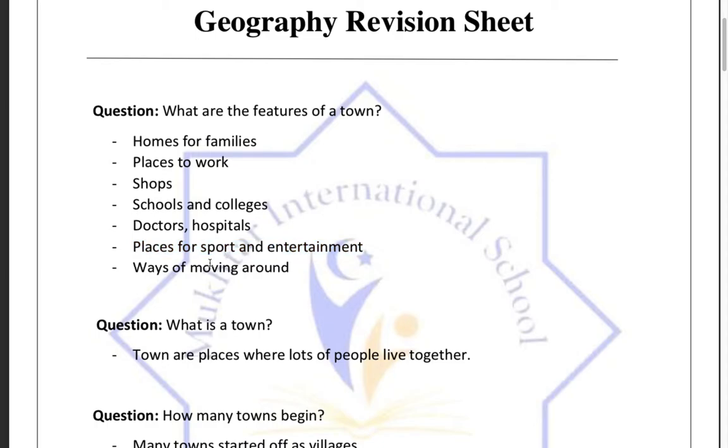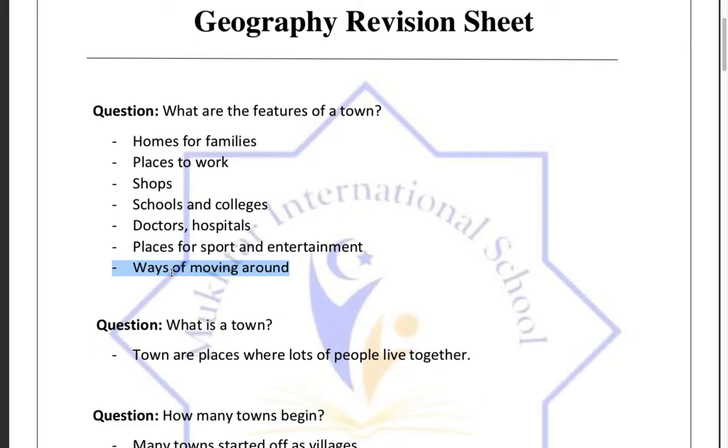So any sport or entertainment you're trying to practice will be a part of places in your town for sports and entertainment. Towns usually are not that small, right? They're a bit big. So the larger the town can be, the more the facilities or the accommodations of transportation are taking place in there, right? So you'll need ways for moving around.